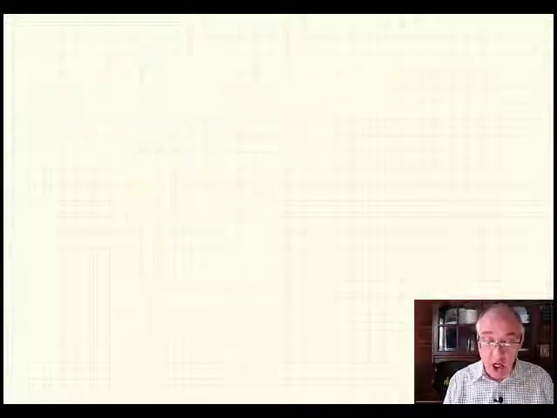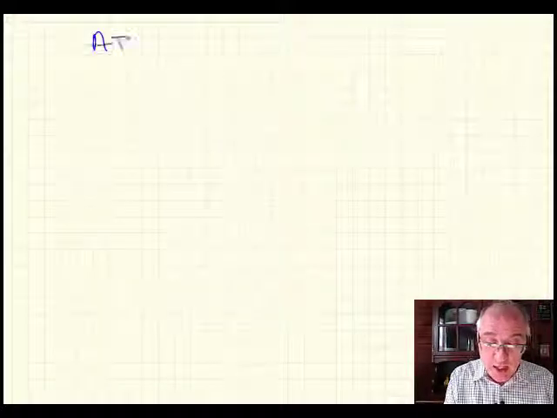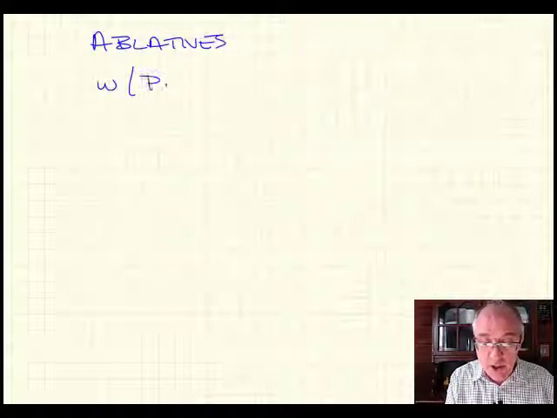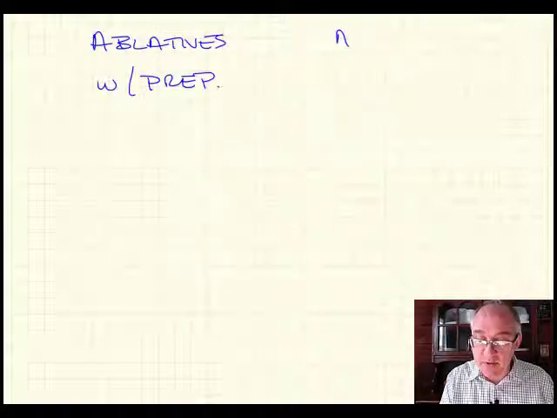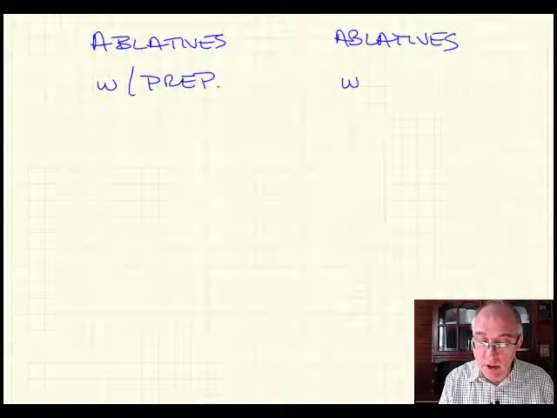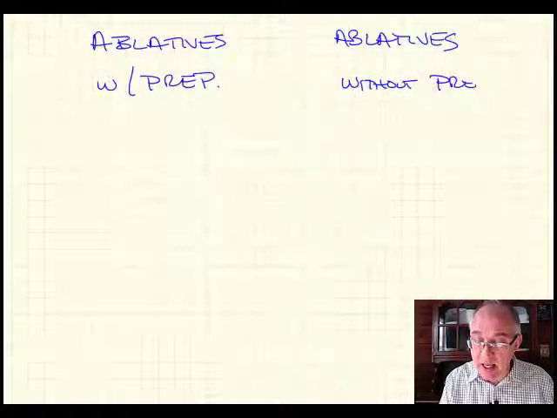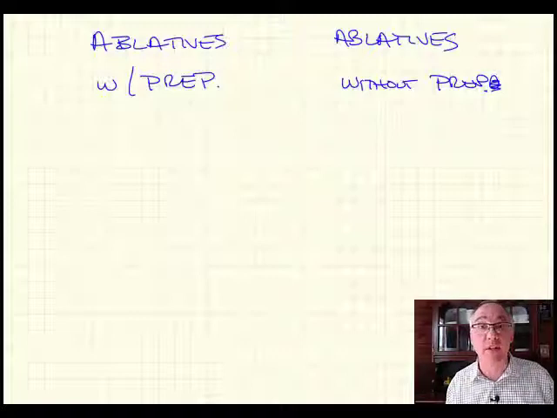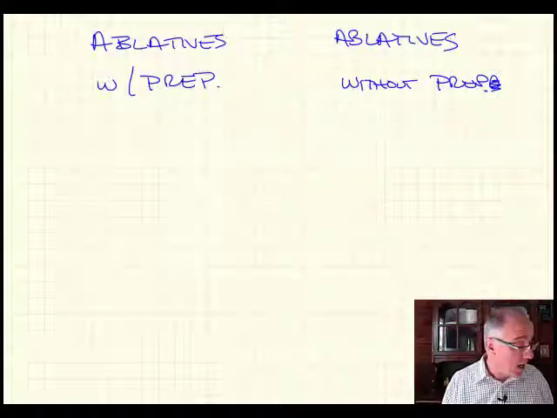And finally, along the lines of ablatives, Wheelock has ablatives that use a preposition and ablatives without a preposition. In this case he summarizes all of the prepositions here in this chapter, and he does a very good job of it.